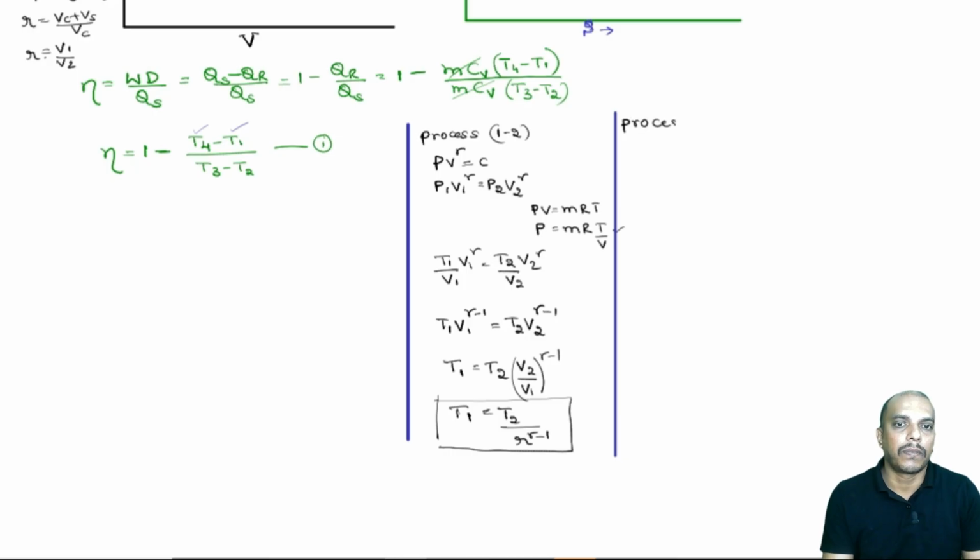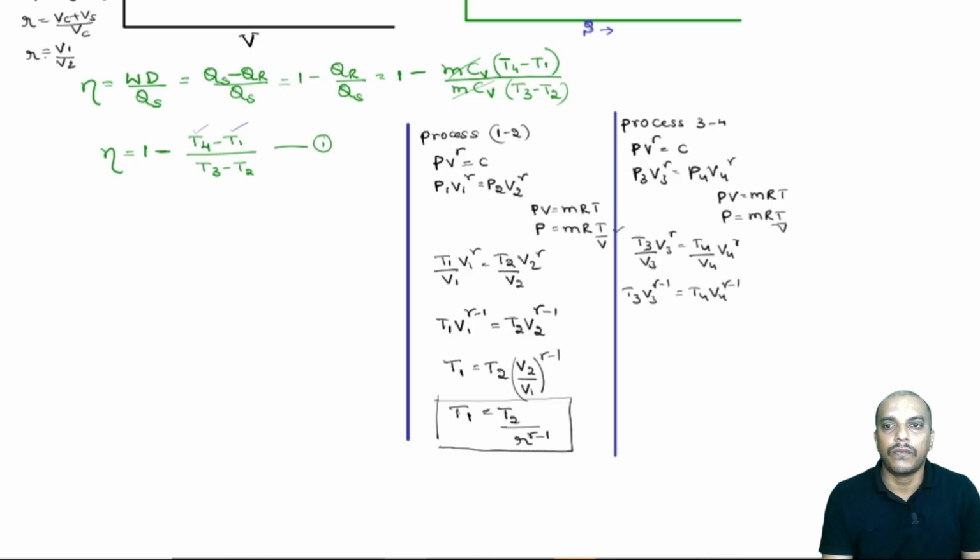Process 3 to 4 is PV power gamma is equal to constant again, so P3 V3 power gamma is equal to P4 V4 power gamma. We substitute PV is equal to mRT, same as here, and in place of pressure we can write T by V. Then T3 by V3, V3 power gamma is equal to T4 by V4, V4 power gamma, and we have T3 V3 power gamma minus 1 is equal to T4 V4 power gamma minus 1.